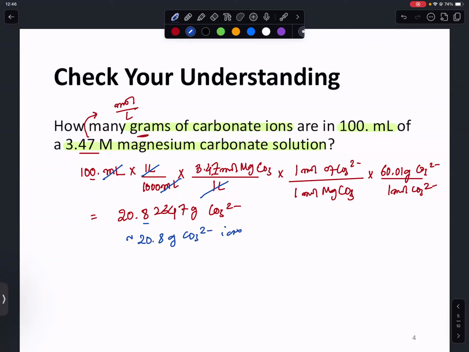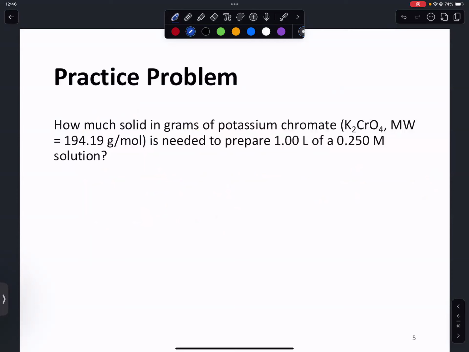All right. Let's move on to the next problem, if you want to do it. How much solid in grams of potassium chromate is needed to prepare 0.250 molar of solution? Now, I want you to pause your video and try to work this on your own.